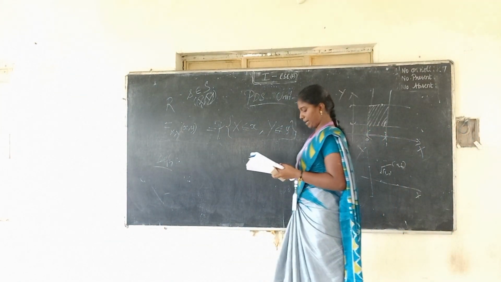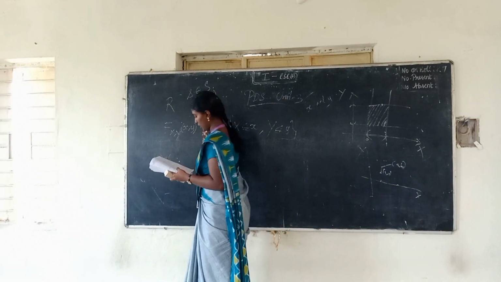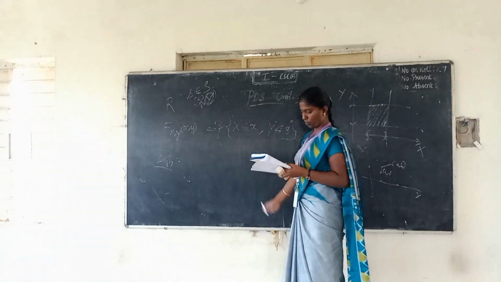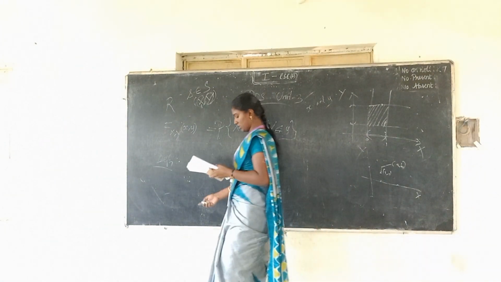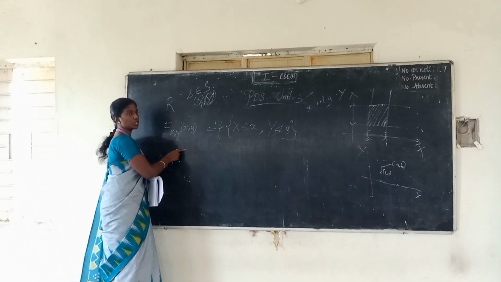It is denoted by F of x comma y, so P of X less than or equal to x, Y less than or equal to y. Okay. This is the joint probability distribution.